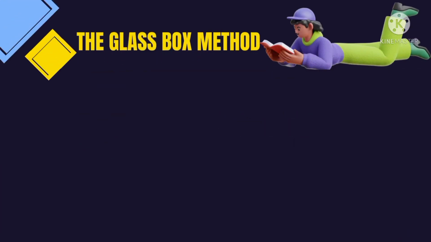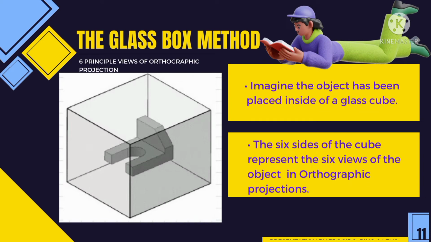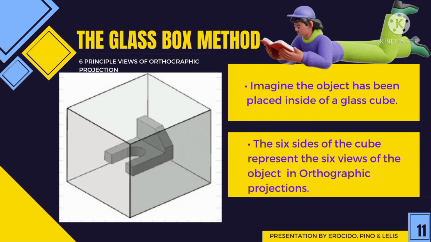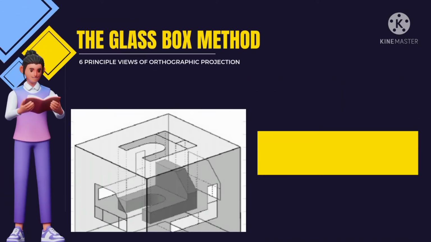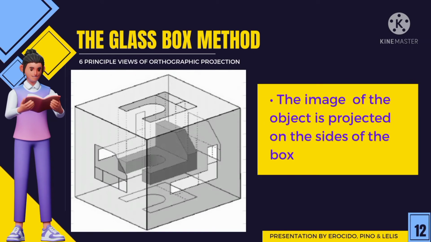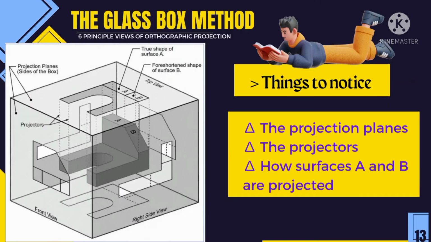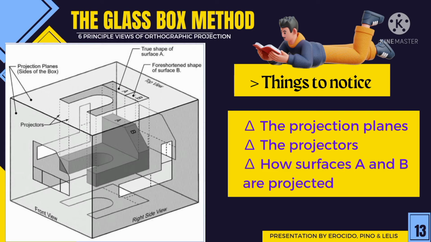In the glass box method, imagine the object has been placed inside a glass cube. Then, the 6 sides of the cube represent the 6 views of the object in orthographic projection. The image of the object is projected on the sides of the box. In the glass box method, there are some things we should notice: the projection planes, the projectors, and how surfaces A and B are projected.